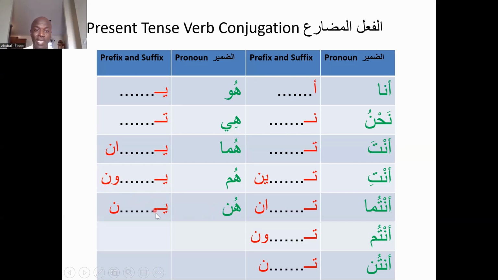You start with the ya, then you put the verb, and then you add the noon. And as you can see here, also noon. Alif noon, waw noon, noon. Ya all across as a prefix, except for she. She kind of belongs to this group, but not really. So alif noon, ta, and then ya noon, alif noon, waw noon, noon, ya, ta, ya, alif noon, waw noon, noon.